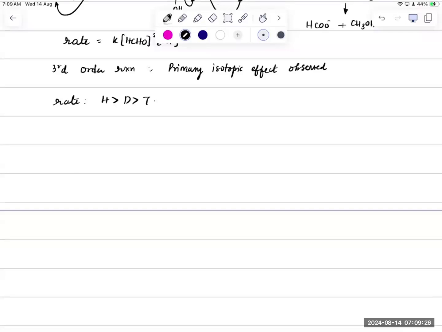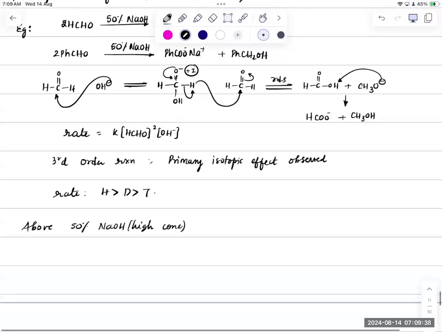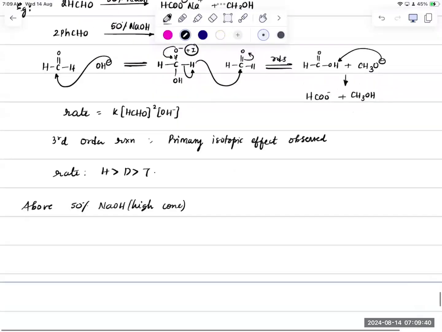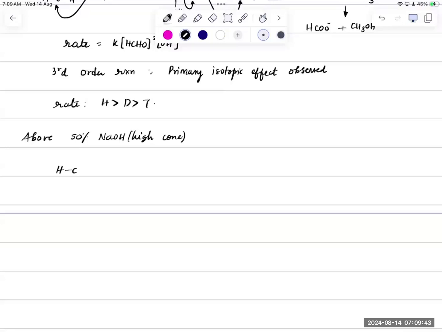Now, if we have above 50% NaOH, or high concentration, then multiple steps will happen. That means this molecule, HCO minus OH and H, which has formed, reacts again with OH minus, extracts this H plus, and converts into O minus and H. So this way, now O minus is even more strongly donating from both ends.